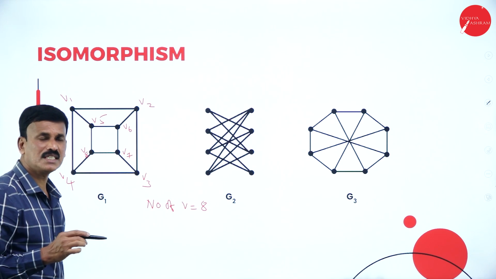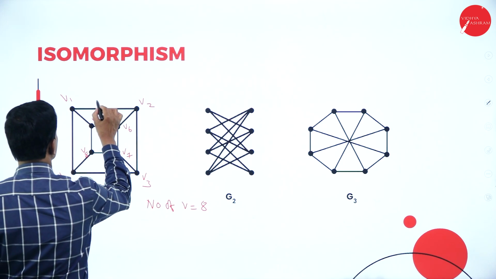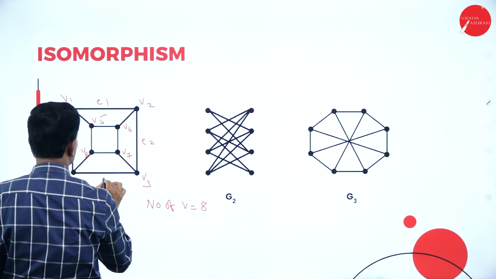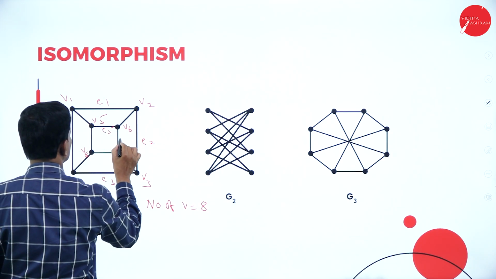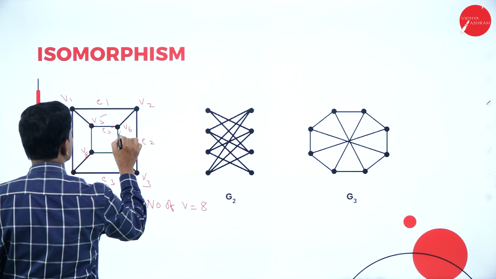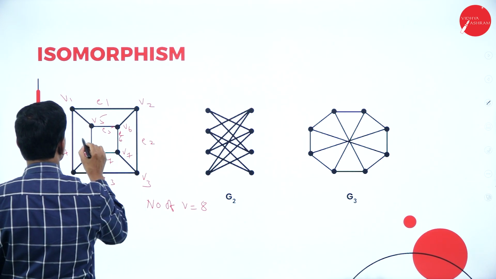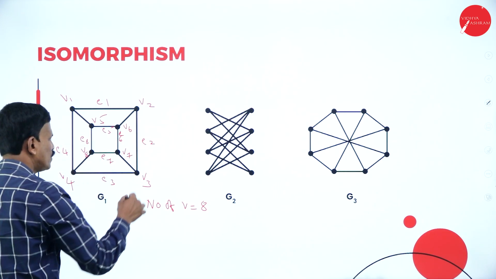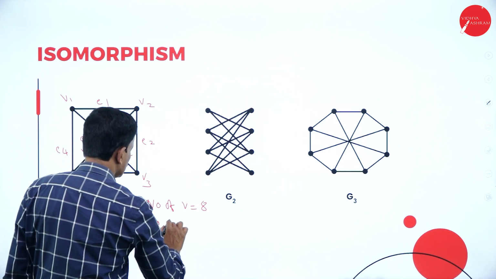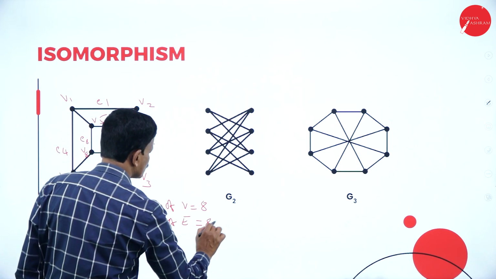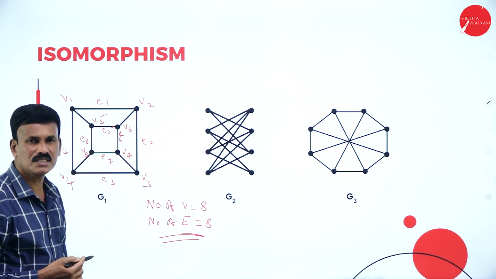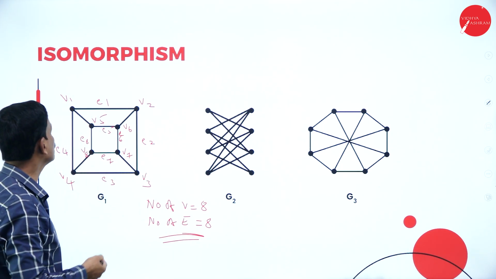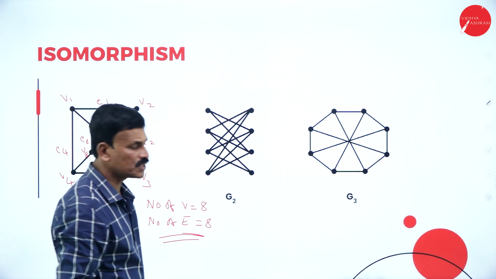Let us check how many edges are here. Let us call these E1, E2, E3 and E4, this is E5, E6, then E7 and E8. So the number of edges is also equal to 8. The number of vertices is 8 and the number of edges is also 8. Therefore, this is an isomorphic graph, an example of isomorphism.